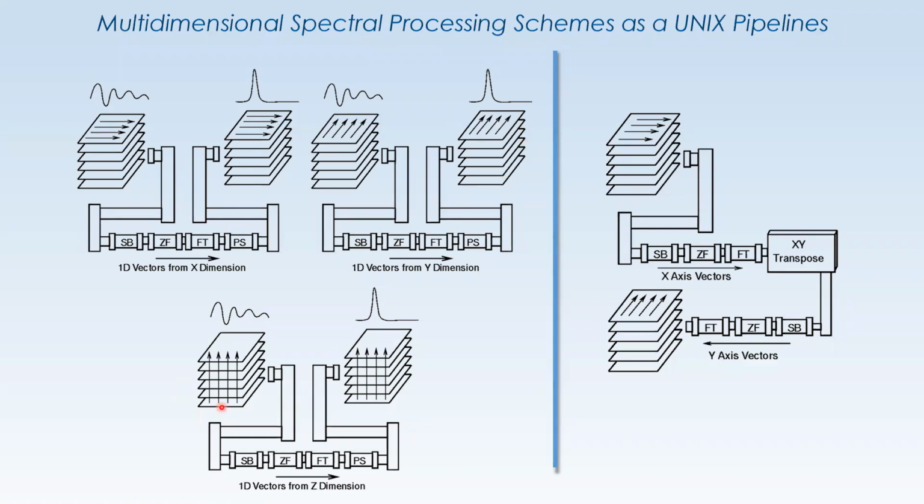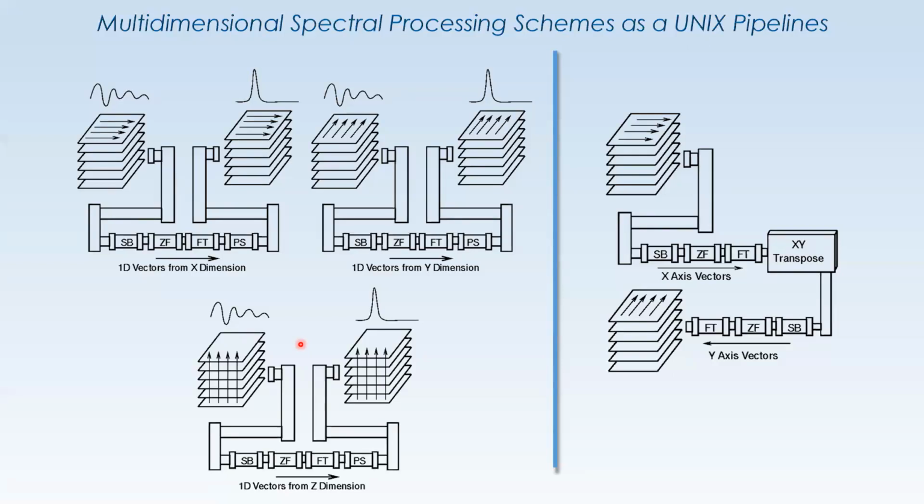And then finally, the data vectors from along the third dimension of that previous result get read in, sent down a pipeline, processed, and then accumulated and written back to a result. And that's all we need to convert a scheme like this one to achieve multidimensional processing.